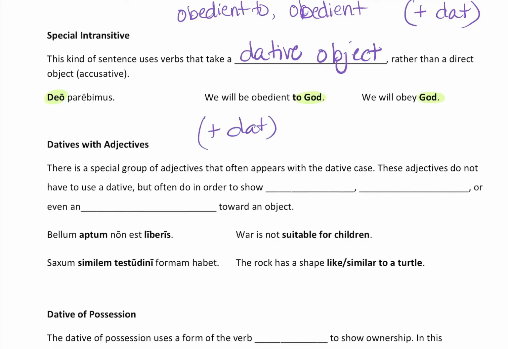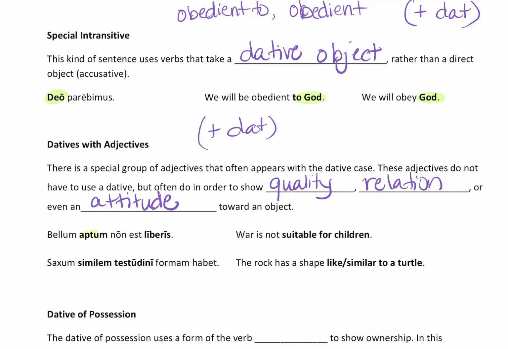So these adjectives don't have to use a dative, but they often do in order to show quality, relation, or even an attitude toward a subject. Now, remember, you won't be wrong if you don't use a dative in this sentence, but you need to understand when you're translating Latin to English why there's a dative there with this adjective. Otherwise, it will seem out of place. So let's take a look at that.